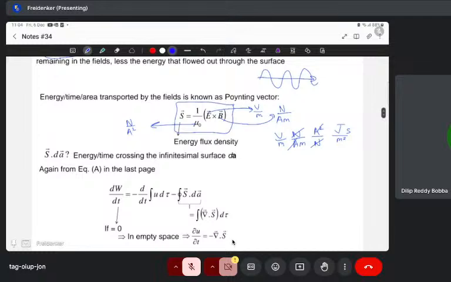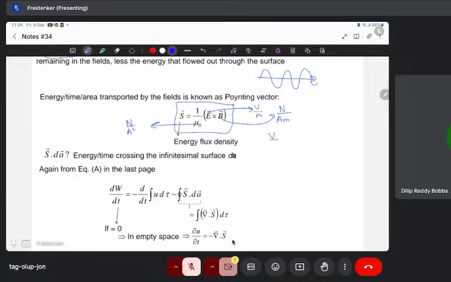Or I could just Google, right? What is Poynting vector's units? I think we got the units wrong. It seems the second should be in the denominator. How was that?